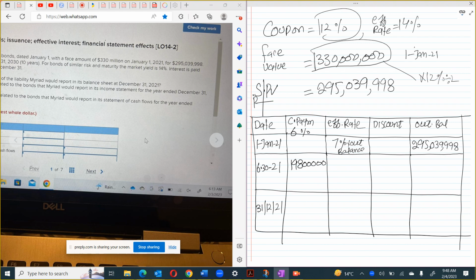This interest expense. Then I will debit the bonds payable, by 740,000. Now I will credit all the other things. Discounts on bonds.